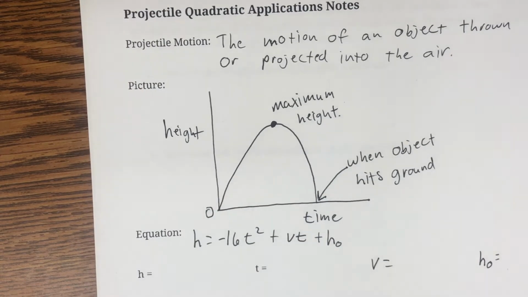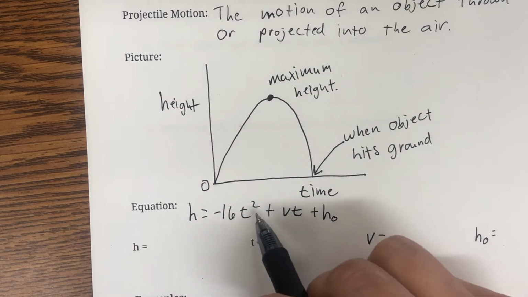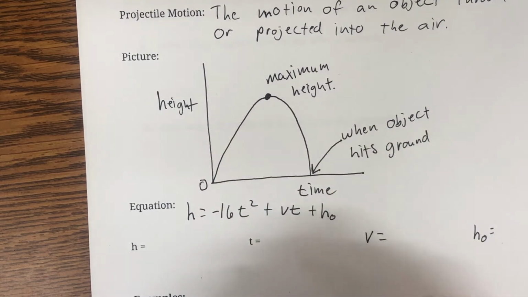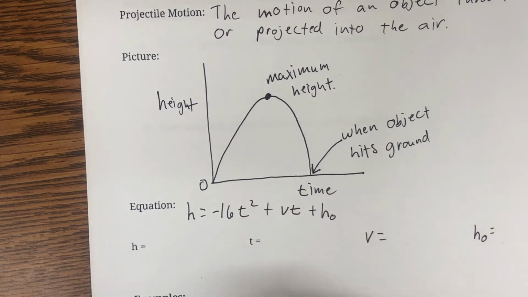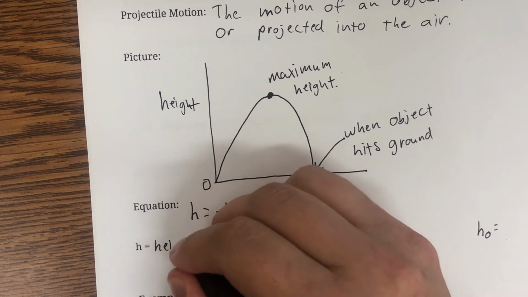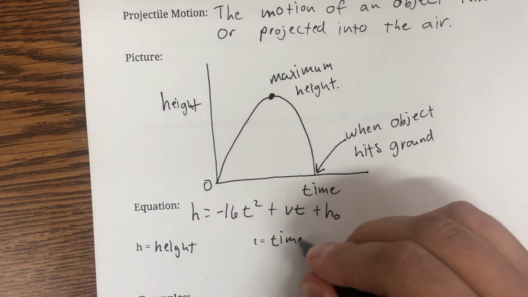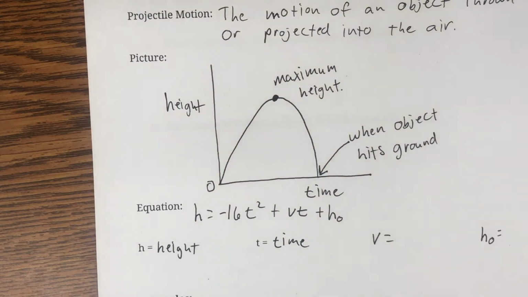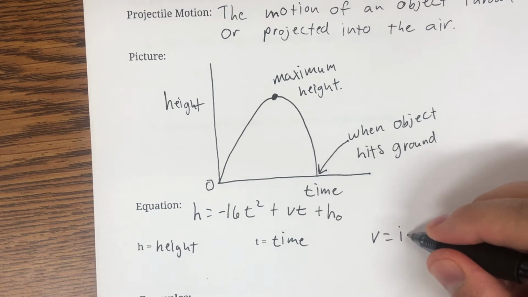The equation is modeled in the form: the height is equal to negative 16t squared, plus vt, plus h naught. The reason it's negative is that gravity is forcing it down. H stands for the height. T is the time. V is the initial velocity, how fast it's going initially.